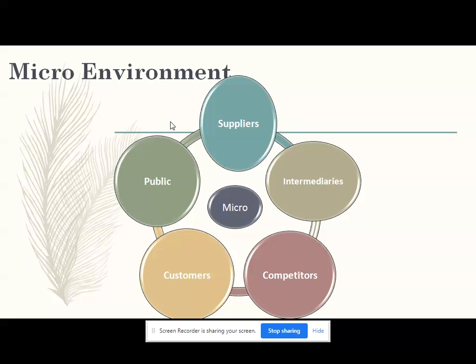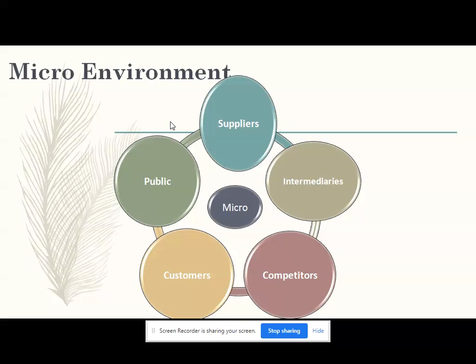This type of competition is called brand competition. It is found in all durable product markets. In FMCG also you can take n number of examples. Like for the soap market there are so many competitors, for shampoo, for toothpaste, etc. For mobile phones and telecom markets also there are so many competitors in the existing market for any organization. So competitors and the study of competitors is extremely important.